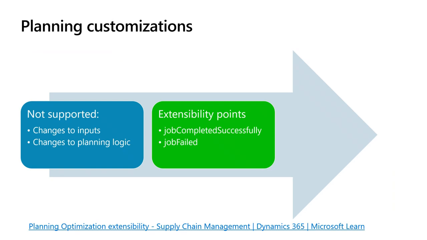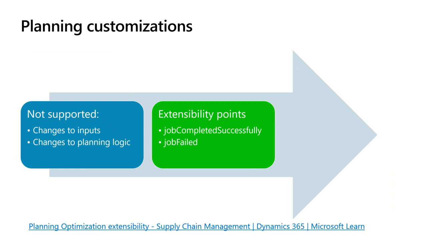With planning optimization, however, it is possible to run custom logic after planning has run. We have two extensibility points for that, both for when planning has completed successfully or when it has warnings or errors.